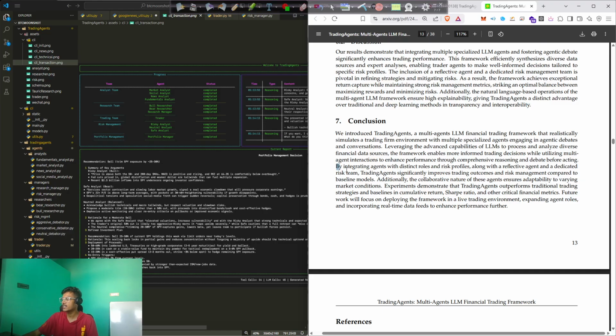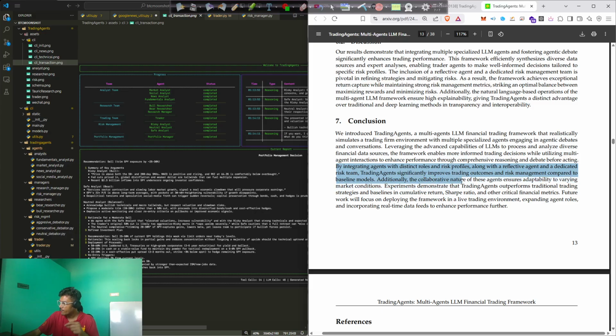So it's basically a fully fledged trading firm, guys. Technically speaking, that is what it is. By integrating agents with distinct roles and risk profiles, along with a reflective agent and a dedicated risk team, TradingAgents significantly improves trading outcomes and risk management compared to baseline models.